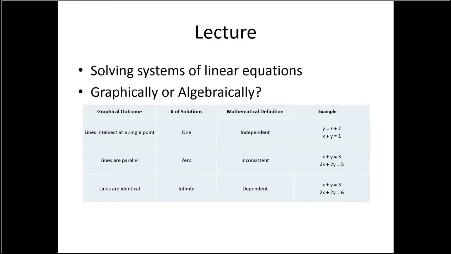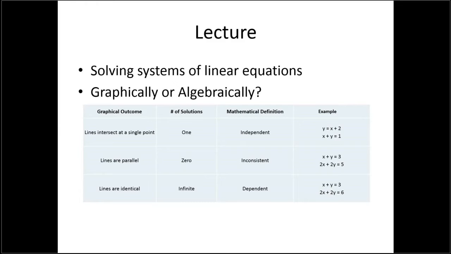This is all leading, now that we've dabbled in different types of equations and representations of them, to how to solve the equations. There are two approaches you can take: one is using algebra, and one is graphing the equations. Here's how they connect. If you have two lines that intersect at a single point, that means you have two equations with a single solution.